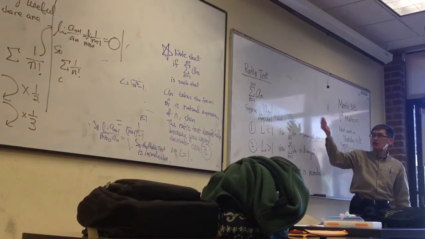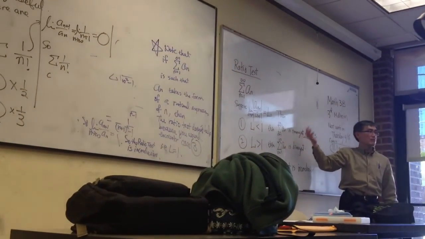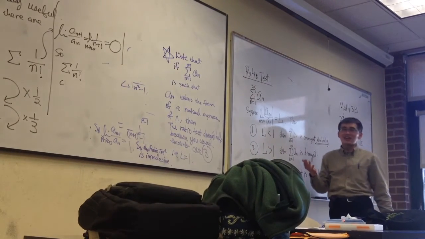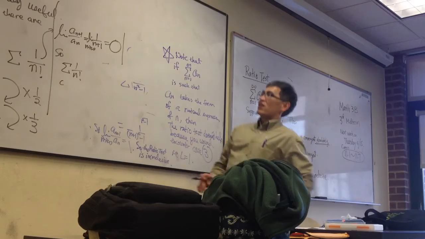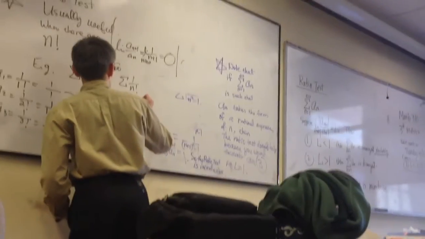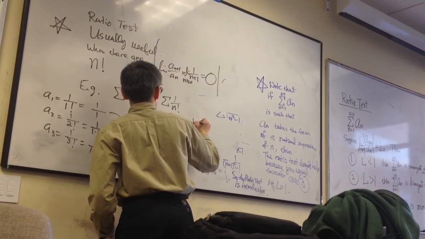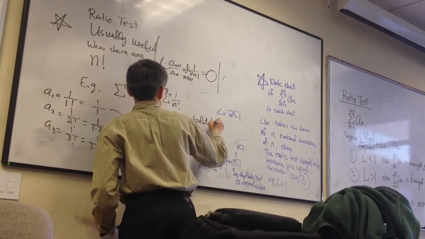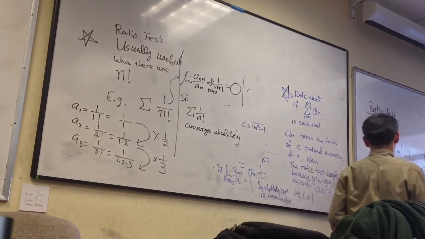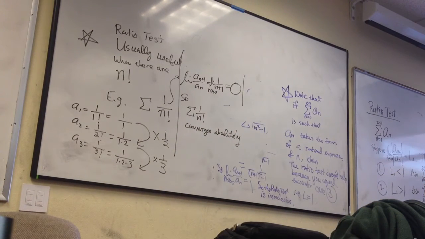If you use this one to conclude that it's convergent, it must be convergent absolutely. All right? Okay? All right, so this one converges absolutely. And of course, this is a positive series anyway, so if it converges, of course, it converges absolutely.